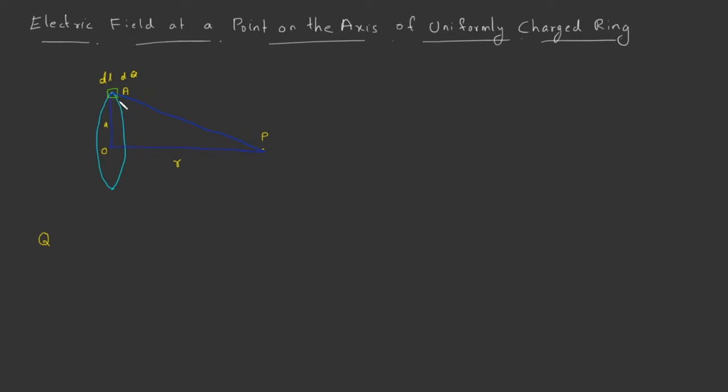So we are going to calculate the electric field at point P due to this small charge dq. We take it as dE, and we know it is in this direction. We can divide this electric field dE into two components.